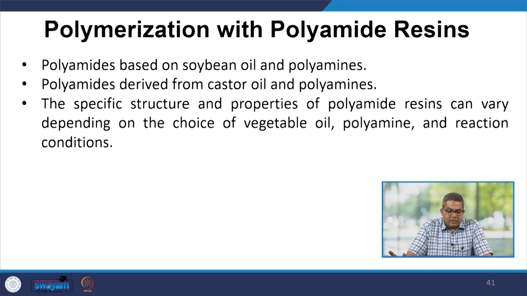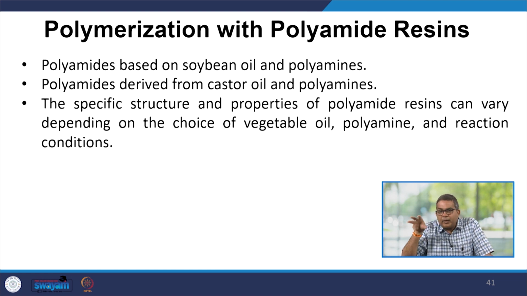The polyamides based on soybean oil and polyamines are very popular, and they are also derived from castor oil and polyamines. The specific structure and properties of polyamide resin can vary depending upon the choice of vegetable oil, polyamine and reaction conditions.